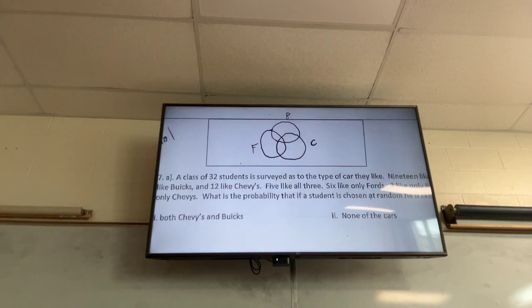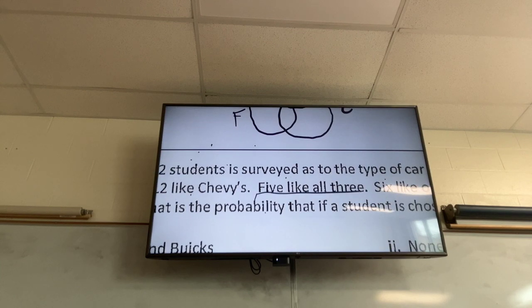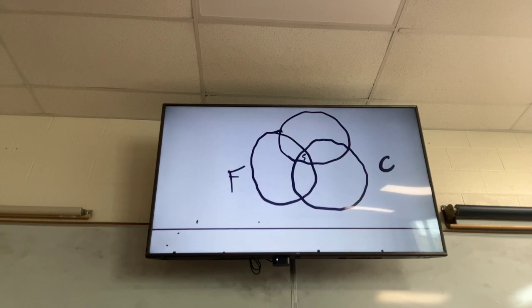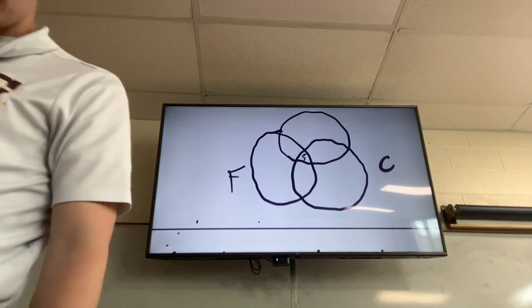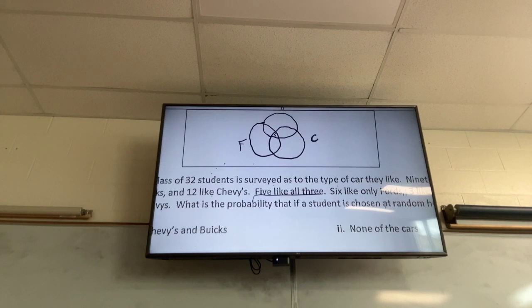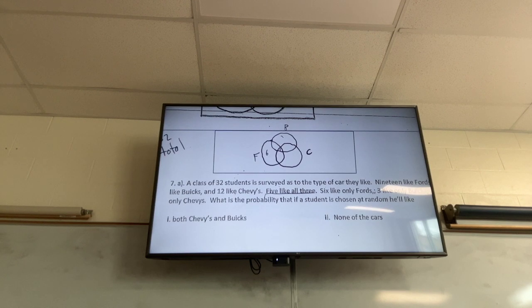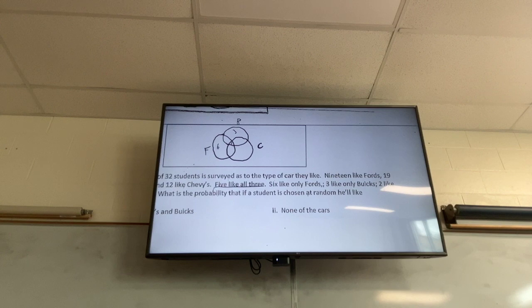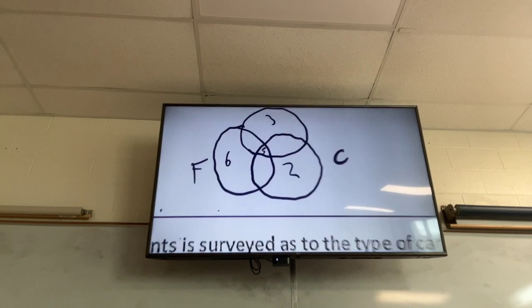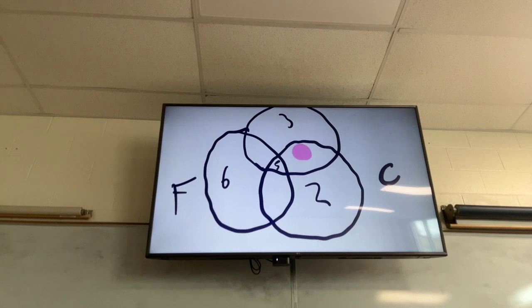We know that 5 like all 3, so we can put a 5 in the middle. Let's see what else we can fill out. 6 like only Ford, so there's a 6 in here. 3 like only Buicks. And 2 like only Chevys. So we have everything except the 3 wedges here.